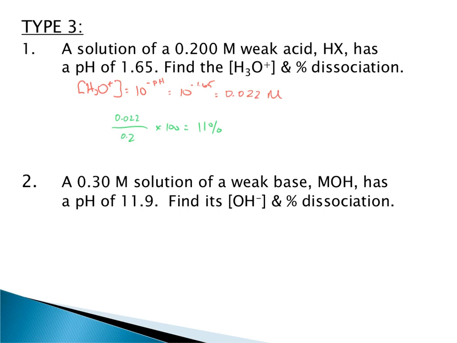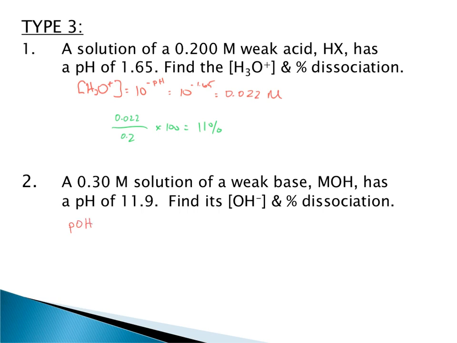And we have a similar question to that down below. This question now deals with a weak base. So it says a 0.3 molar solution of a weak base MOH has a pH of 11.9. Find its hydroxide ion concentration and its percent dissociation. So if we're looking for hydroxide ion concentration, then we're going to have to find the pOH.